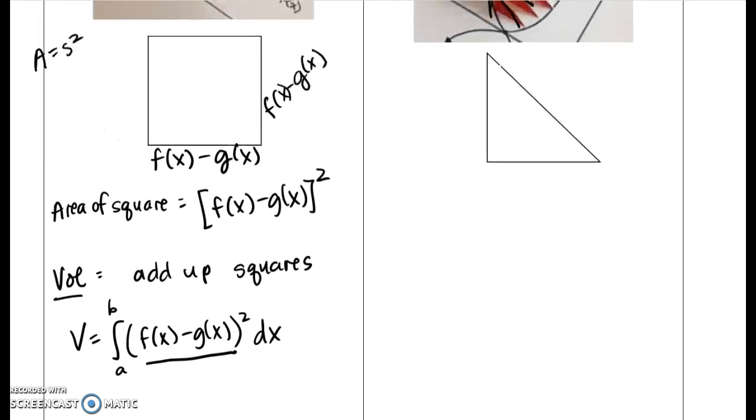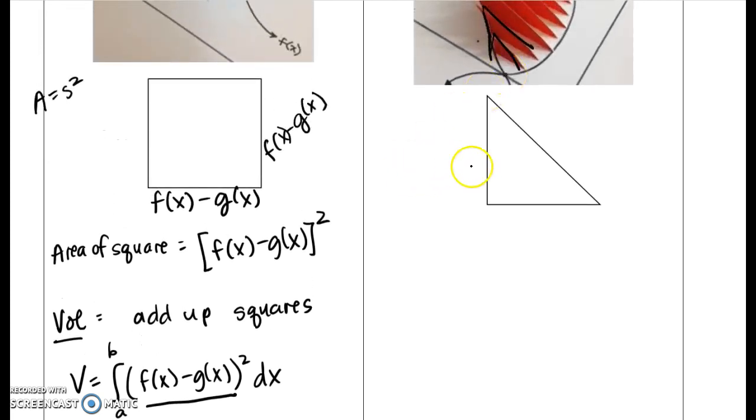All right, we're going to do the same idea with a triangle, except our area formula is 1/2 base times height. So we're assuming that we have a right triangle here, and they're isosceles, so the height and the base are the same. So here our base is f of x minus g of x, and our height is f of x minus g of x.